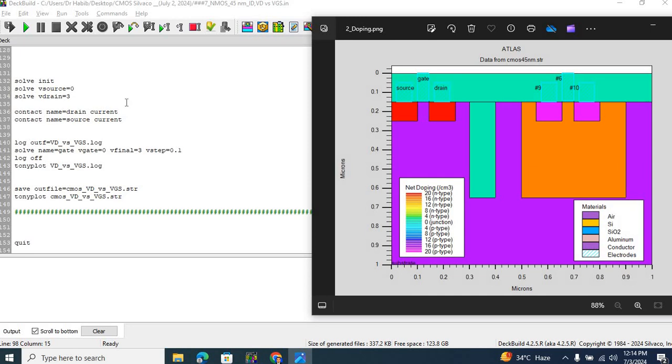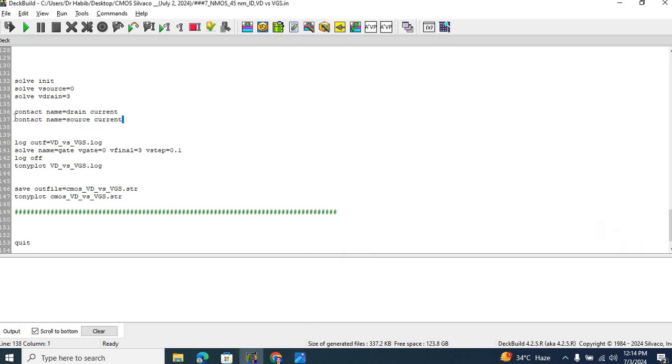high. And then here is the most crucial part of this code, and that is, in order to look at the voltage transfer characteristics of the CMOS inverter, we need to define the contacts as current control. And it took me some time to figure it out. In fact, I'm not the person who figured it out.